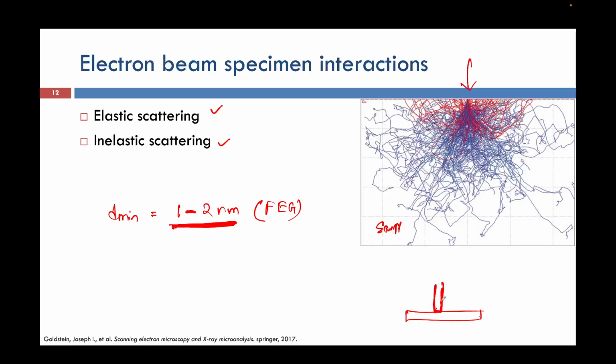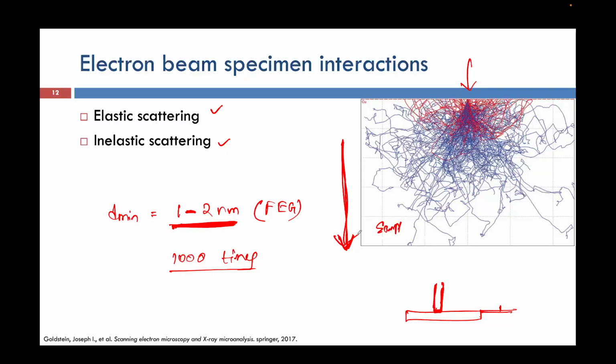But instead of that, how the interaction affects our information is that, linearly, if you see my beam is coming in this region, the range from which I will get all the information, compared to this 1 or 2 nanometer, that range will be 1000 times more, right? Ideally I should be able to get information from 1 or 2 nanometer in this range, but the range from which I will get the information, in terms of linearity, will be 1000 times.